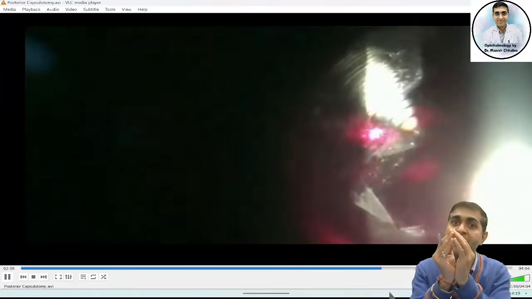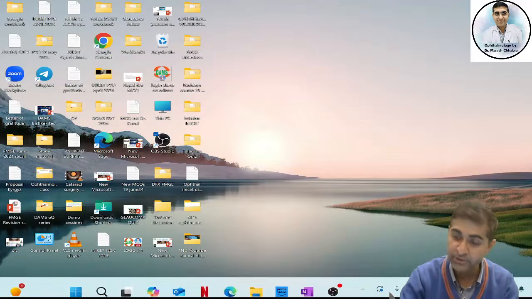It can get subluxated, it can even get dislocated. So you have to be very cautious that you do capsulotomy only in the central part of the capsule. You are not supposed to go till the far periphery. Is it understandable? So this is your posterior capsulotomy, which is your treatment of choice.